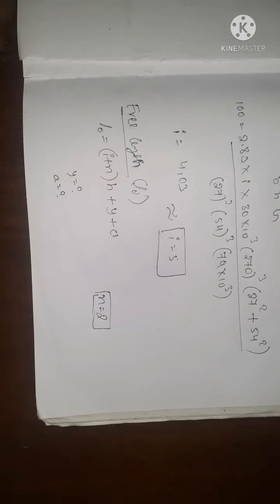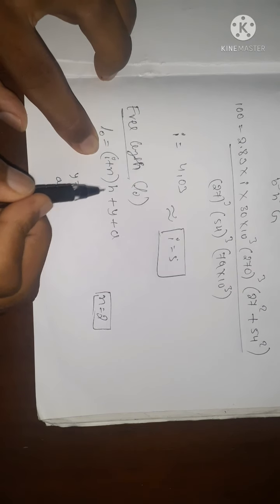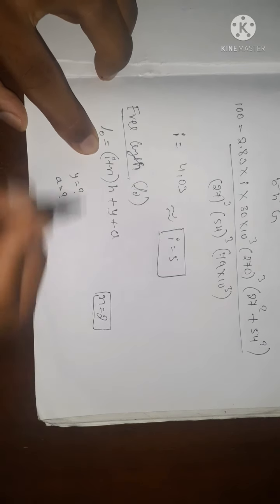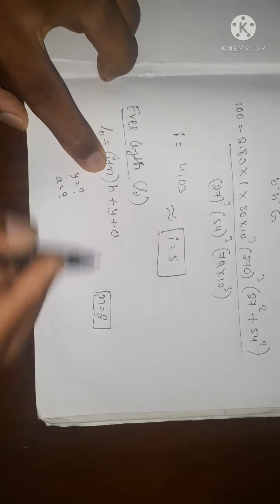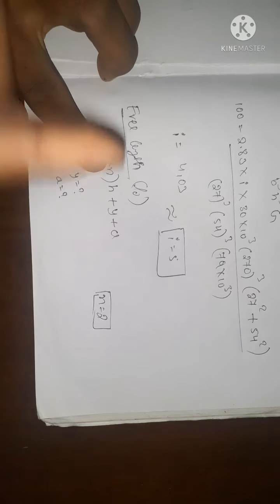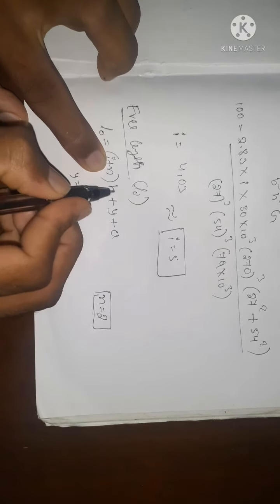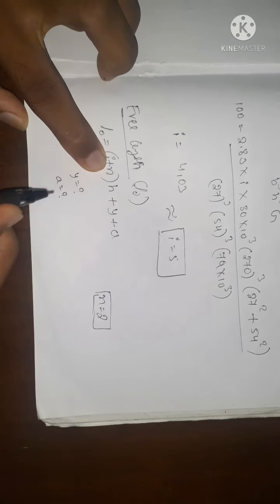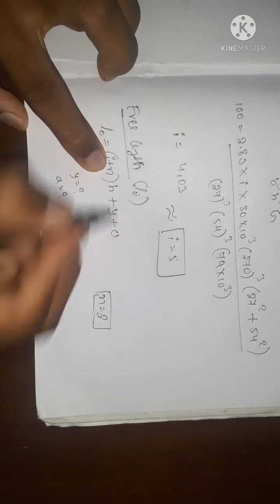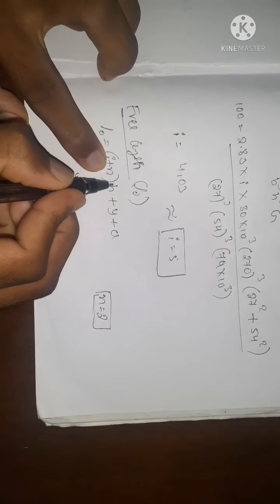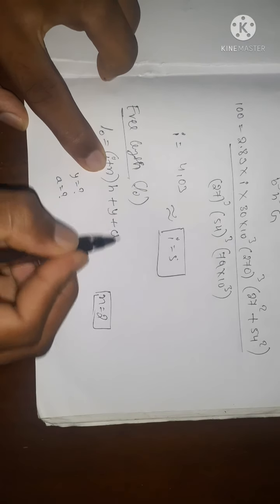Next, to find out free length L naught, where L naught is equal to I plus n into h plus y plus a. n is given, where I is found out 5, where n is constant. Previously in circular cross section helical spring you put d instead of D because of circular cross section. This is a rectangular cross section, so put H and Y and A, where I don't know Y and I don't know A.